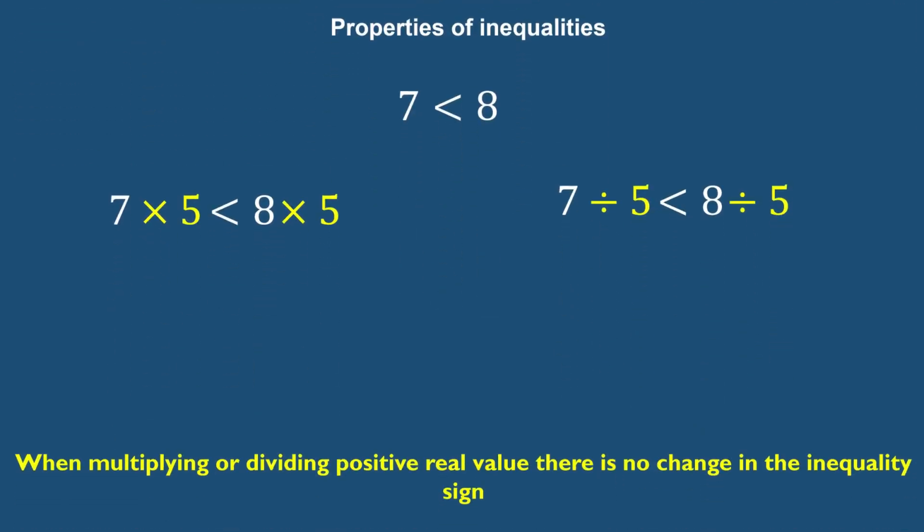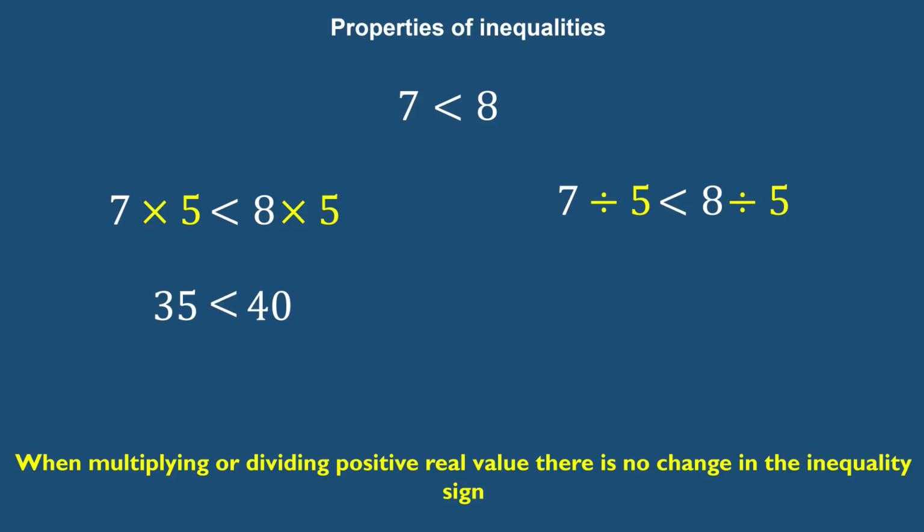Again, taking the same example for multiplication and division. Here we will consider two cases. Firstly, multiply or divide by a positive value. If 7 is less than 8 and we multiply by 5, 7 into 5 will be 35 and 8 into 5 will be 40. So, 35 is less than 40.